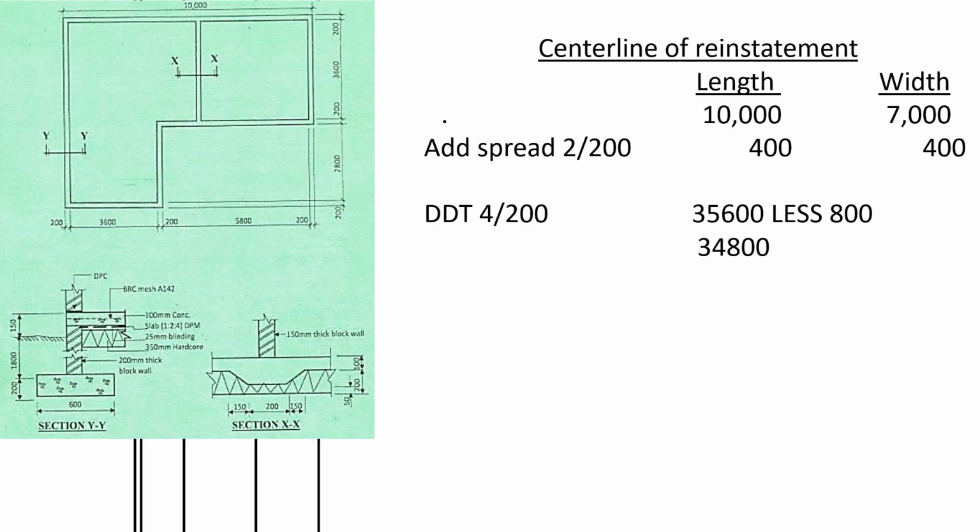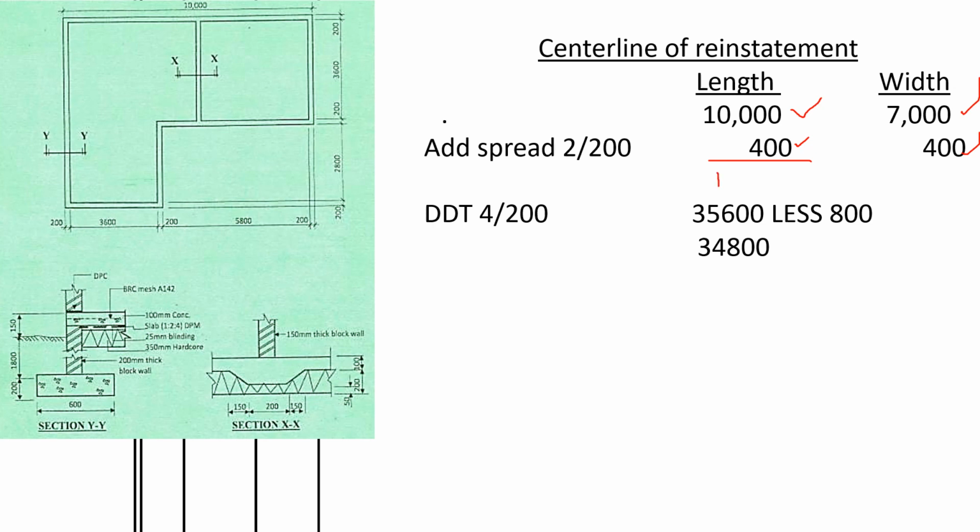We need to return the soil outside the external walls. After stripping, we need to return it back so that it can take the ground level, to avoid leaving some space outside the external walls. So what we shall do, we shall take the external dimensions of the walls, that is 10,000 and 7,000. Then we shall add the spread, which is 400 and 400, 200 on both sides.